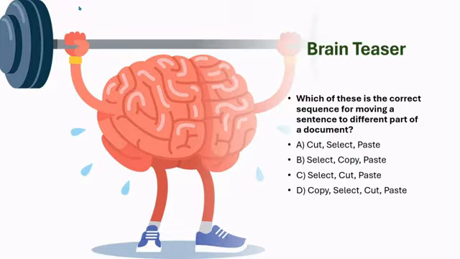Or are we going to select, then copy, then paste? Or are we going to select, cut, then paste? Or are we going to copy, select, cut, then paste? So please leave your answer to that question in the comment section.